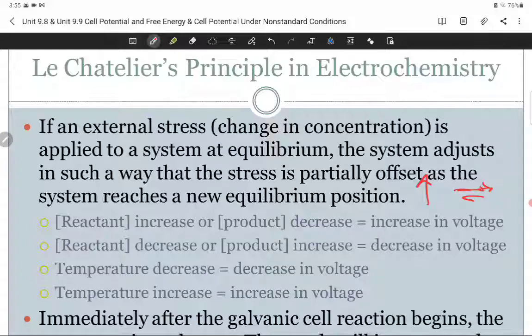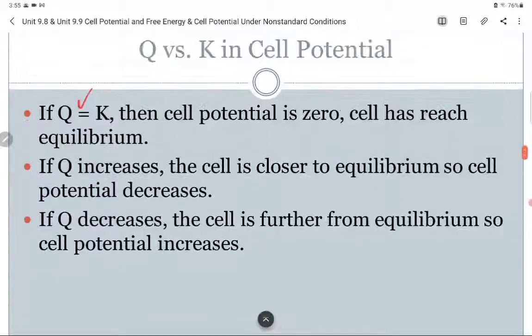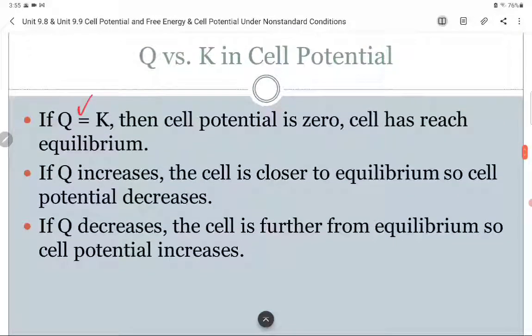And it's all in terms of Q versus K, which we just visited a couple seconds ago. If you would decrease the reactants, it's going to shift it more towards the reactants. And I could keep going with that idea there. But it's all about the Q versus K. Okay.